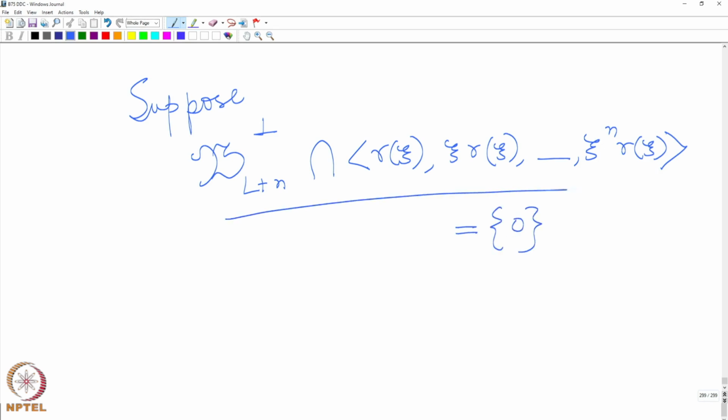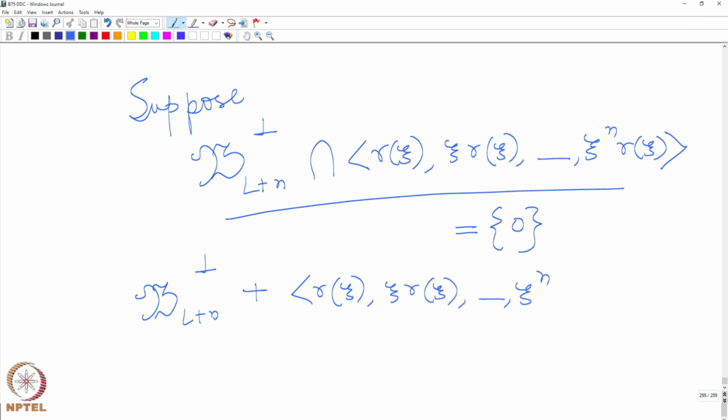If this is equal to 0, then this is actually a direct sum because their intersection is 0, and therefore the dimension will be just the sum of these two.